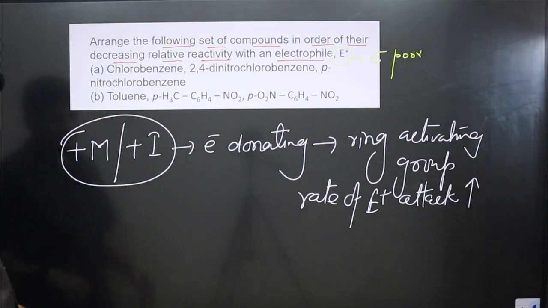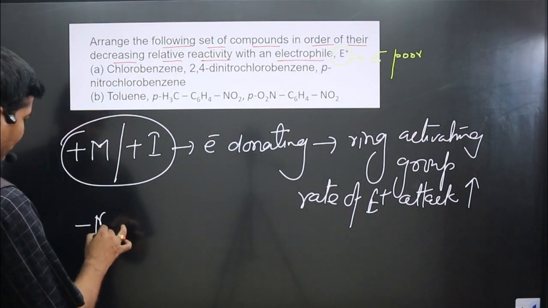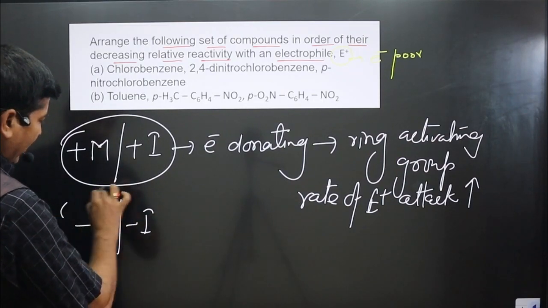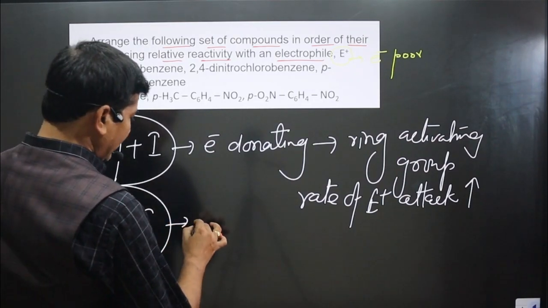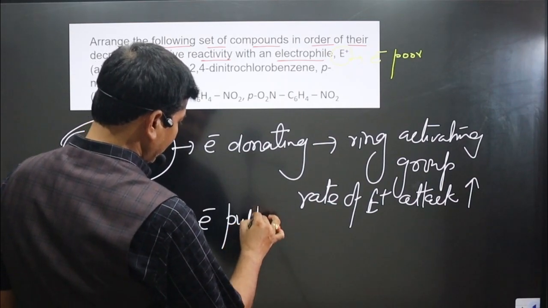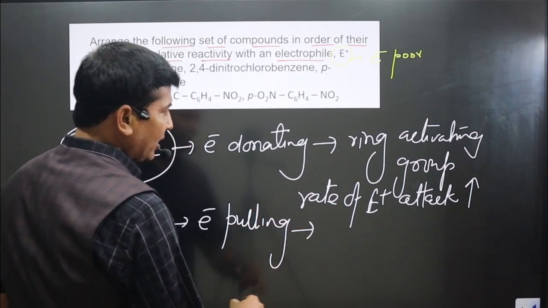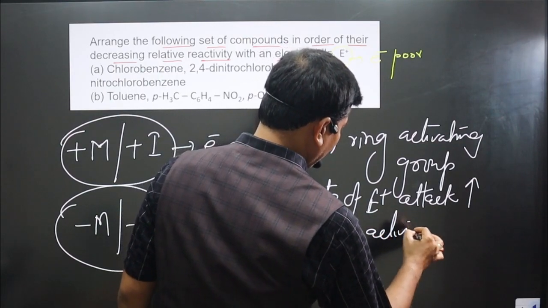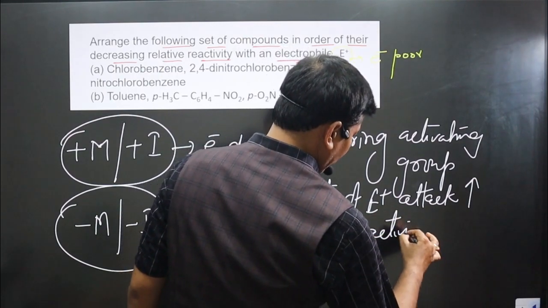Now it's opposite. We have minus M group, mesomeric effect, or we have minus I group. If these groups are there, they are in general electron pulling groups, hence we can say they are ring deactivating groups.